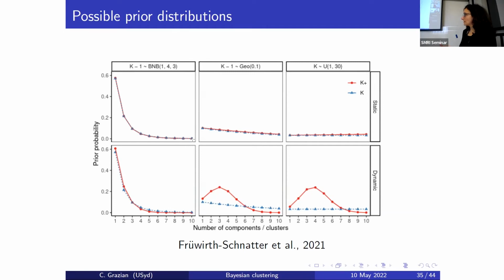The number of clusters is the number of components where observations are allocated, which is different from the number of components, which may be fixed a priori as a large number. So they may have a different effect on the posterior inference.